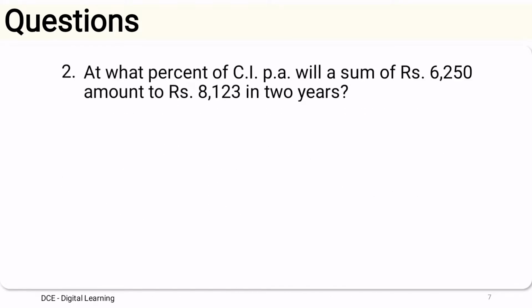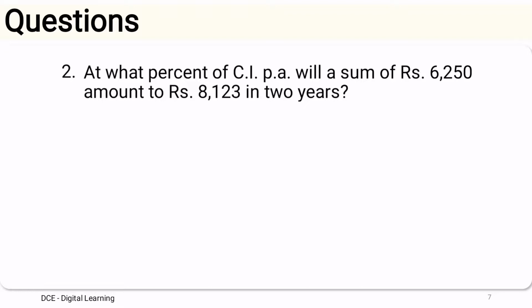The question is, at what percent of compound interest per annum will a sum of rupees 6,250 amount to rupees 8,123 in 2 years? In this case, they have given the sum of rupees 6,250, which is the principal amount, the amount is rupees 8,123, and the period n is 2 years.